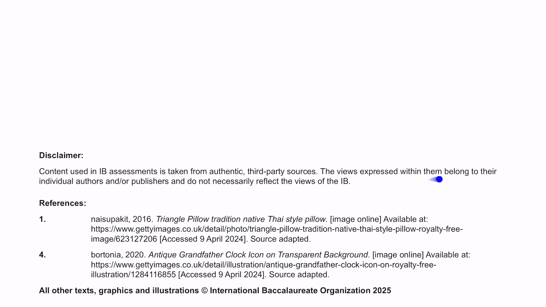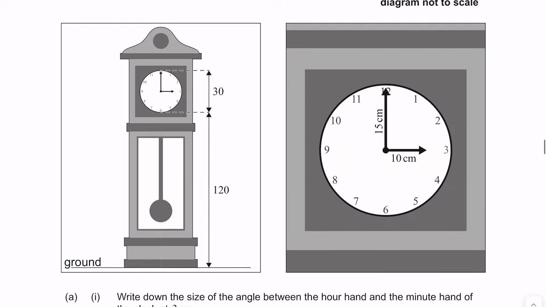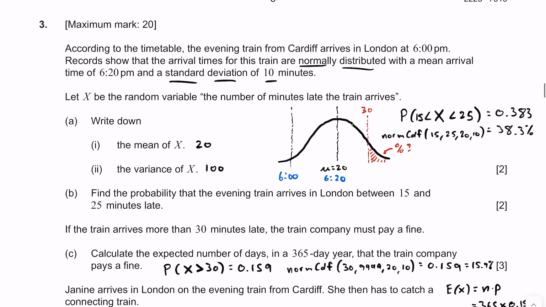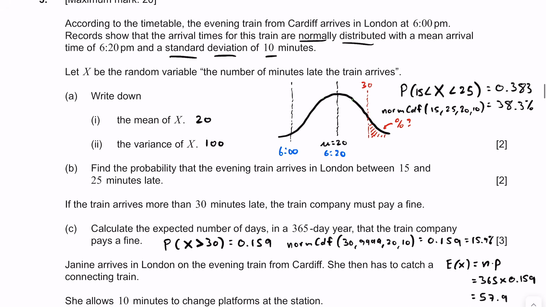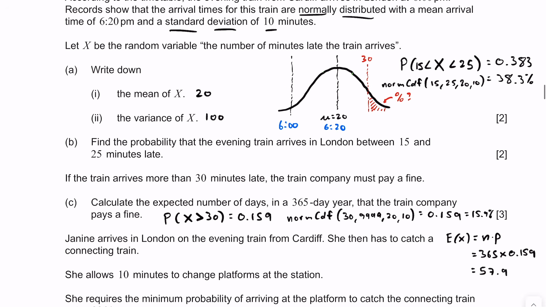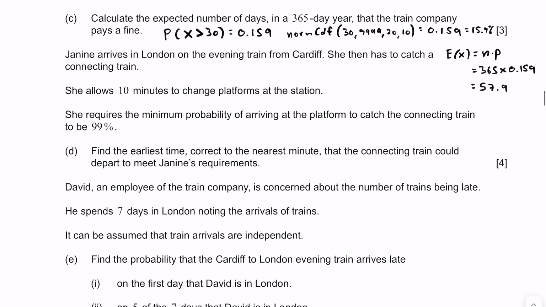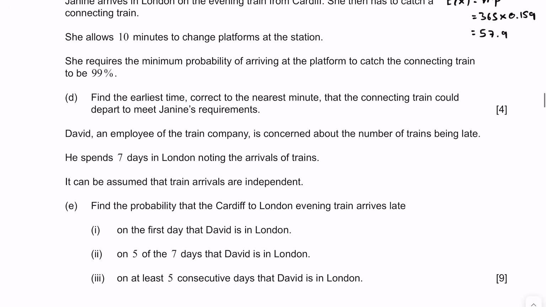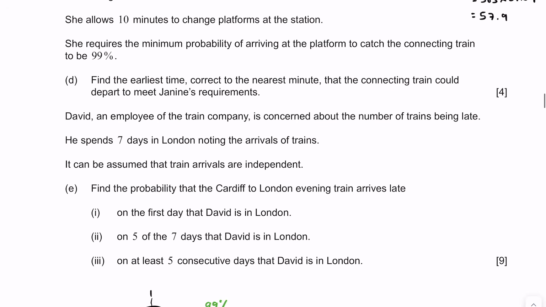The views expressed within them belong to their individual authors and or publishers and do not necessarily reflect the views of the IB, which is kind of interesting. So if this is offensive to, let's say, the English train system, well, it's not necessarily the view of the IB. Potentially. Not necessarily. Maybe just a kind of interesting little fact, I suppose. Okay, let's go on.